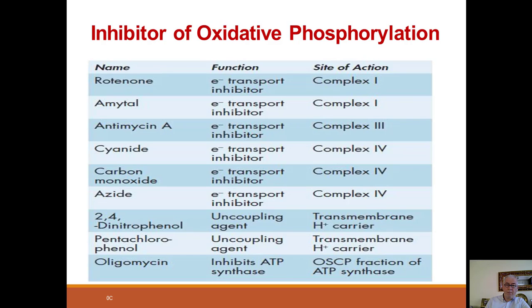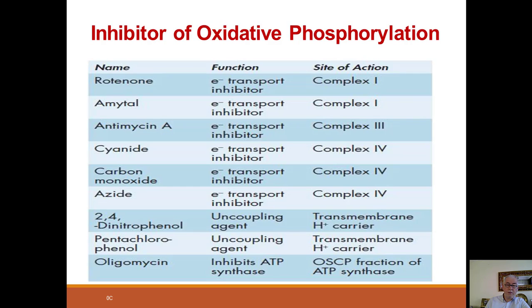This uncoupling agent bypasses this transfer system, and protons are transferred by dinitrophenol from the intermembrane space to the matrix. Another uncoupling agent, pentachlorophenol, is also a transmembrane proton carrier.